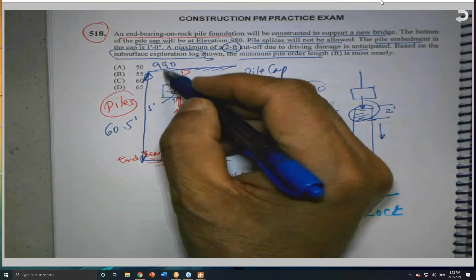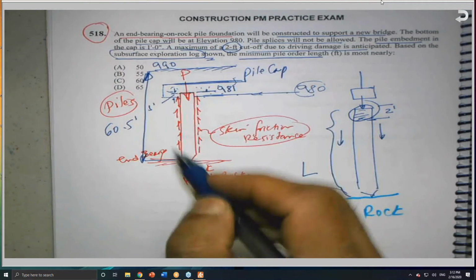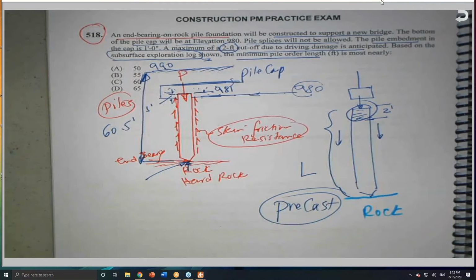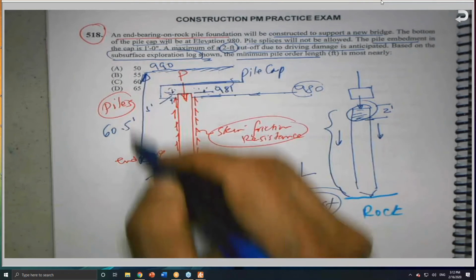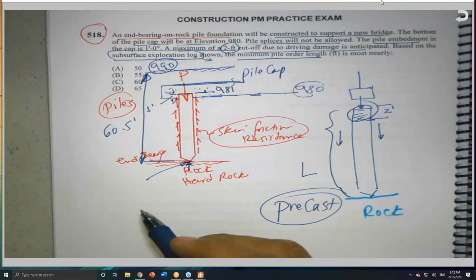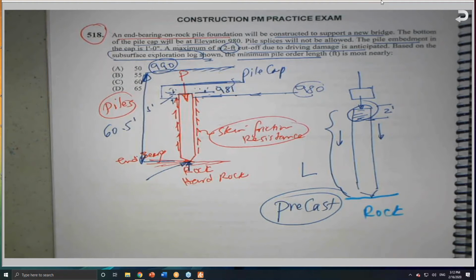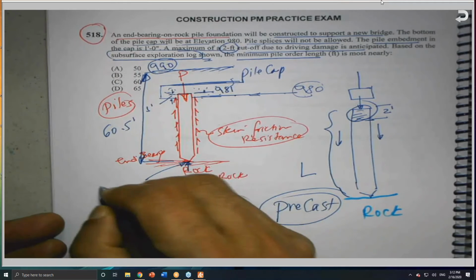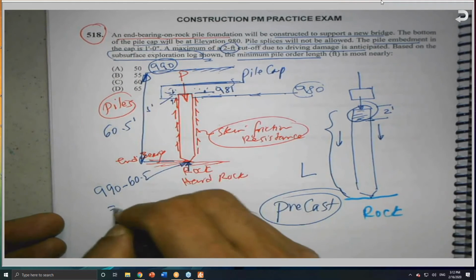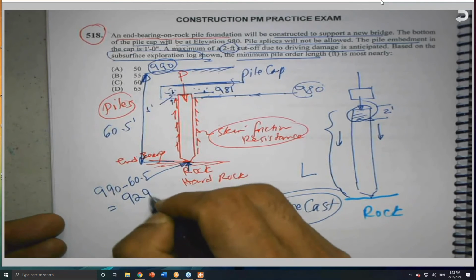And if this is 990 and I go down 60.5 feet, what is the elevation? 990 minus 60.5 will give you 929.5.